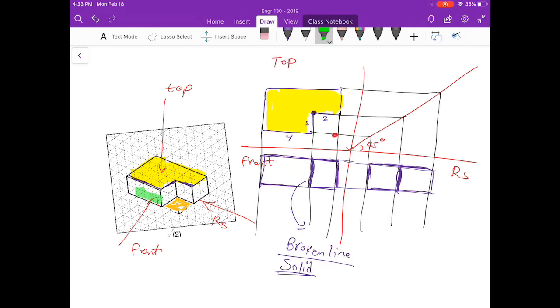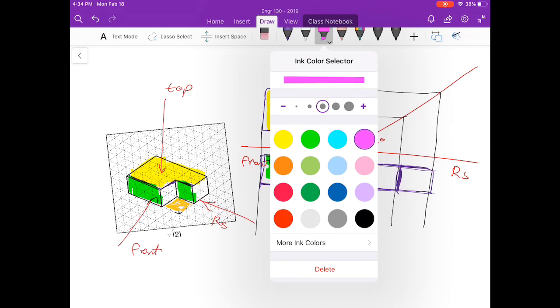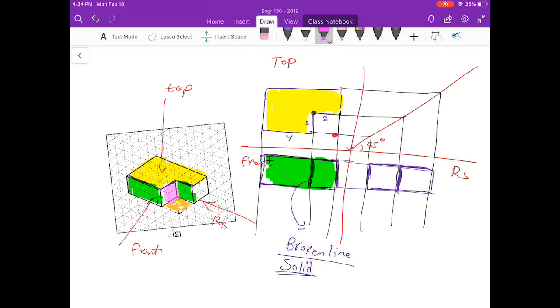The front view is here and here, which translate to the area here. For the right side views, I'm going to use purple. So one right side here, another right side down here, which translate to these 2 pieces here. So I'm done. I drew the orthographic views of the object.